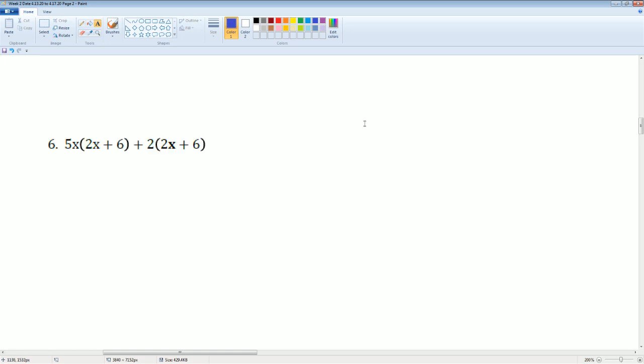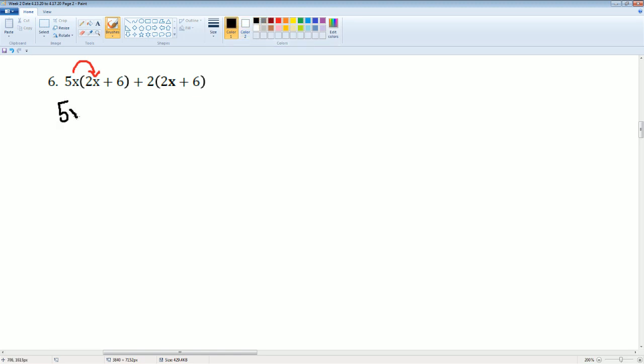So 5x is going to be multiplied to the 2x. Then you're going to have the 5x being multiplied to the 6. Add. Then you have the 2 times the 2x.